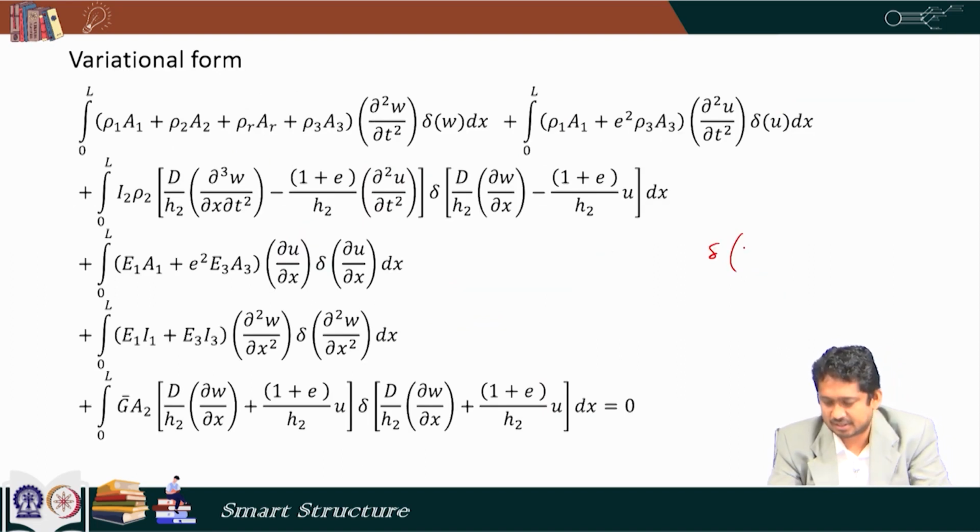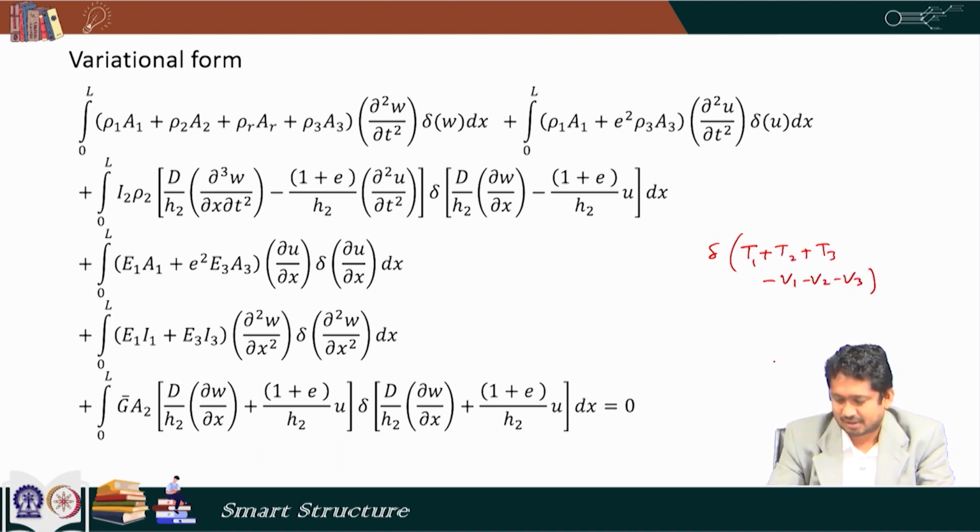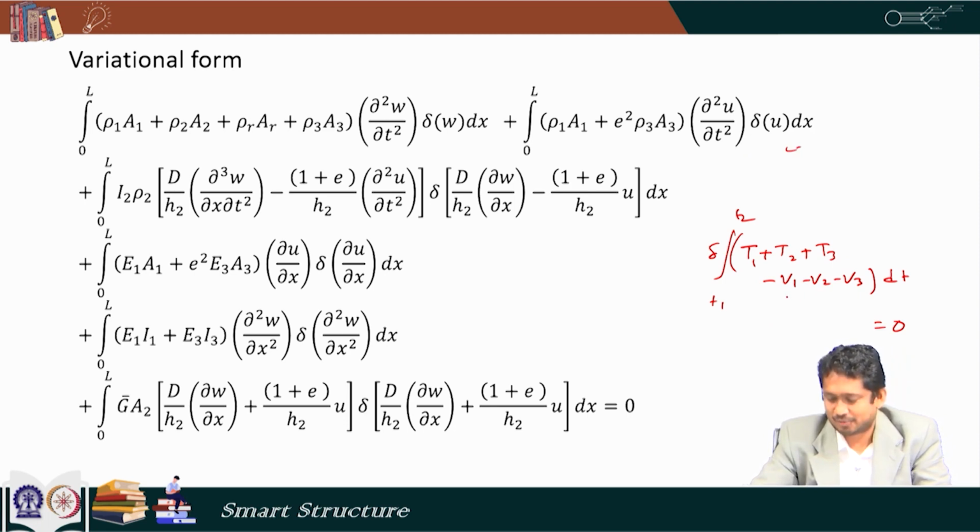So, if I take T1 plus T2 plus T3 minus V1 minus V2 minus V3, and again we know that the Hamilton principle says that its integral over any two arbitrary times t1 and t2 is 0, and we know how to get into this kind of equations from this principle. Now, one thing to note, in so far in all the formulations we have denoted our strain energies as U1, U2, U3. Here we have denoted them as V1, V2, V3, but they are same.